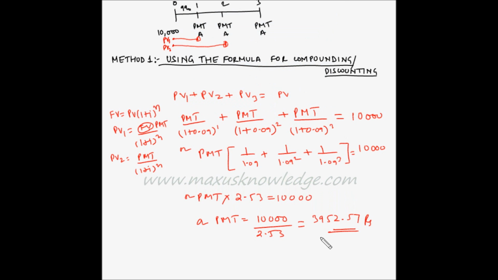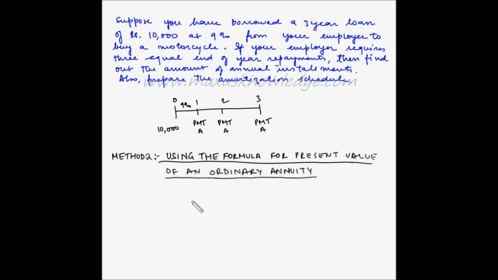Now let us move to the second method, which is to use the formula for present value of an ordinary annuity. Now the formula for finding the present value of an ordinary annuity is PV is equal to A into bracket 1 divided by I minus 1 divided by I into 1 plus I to the power n. Here we know the present value, which is 10,000.